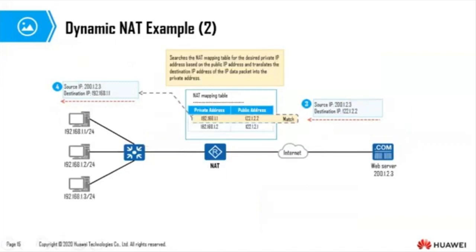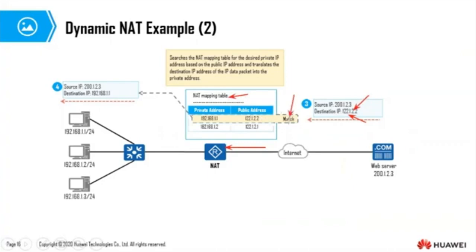Okay. On the way back, what happens? On the way back, the destination IP address is the public IP address 122.1.2.2. So when the egress device receives it, it searches this IP address on its NAT mapping table.